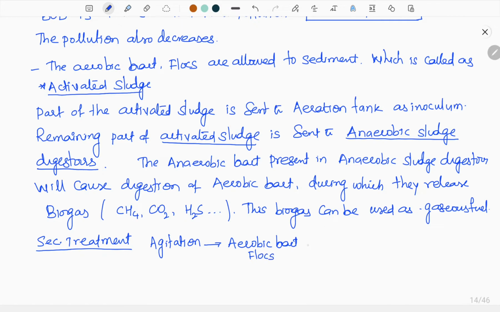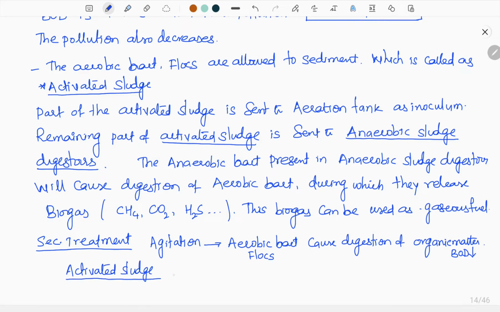So this aerobic bacteria cause digestion of organic matter, and BOD decreases here. Biological oxygen demand decreases, and pollution also decreases. And after the digestion of organic matter by aerobic bacteria, the aerobic bacteria are allowed to sediment. The sediment is called activated sludge.